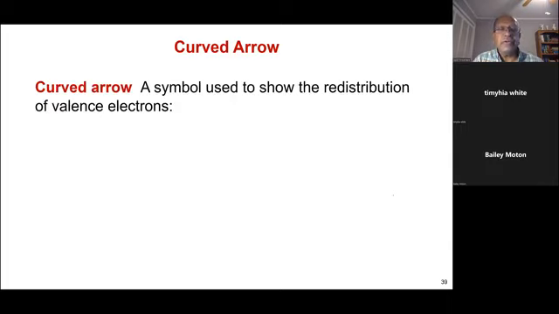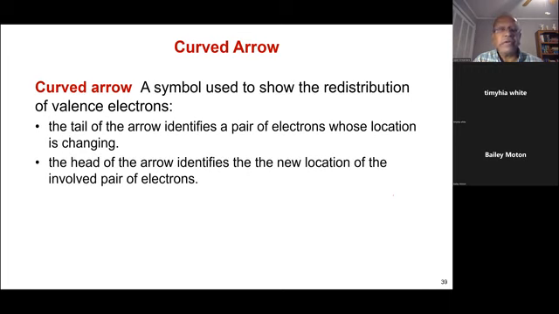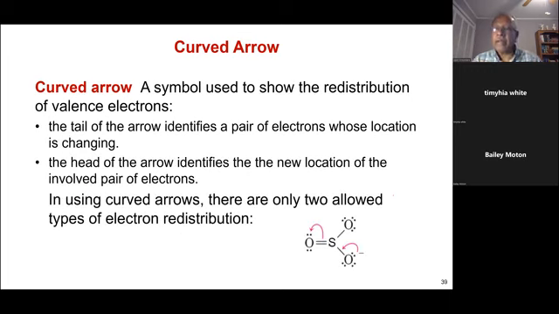The curved arrows are used to generate contributing structures, one from another. The tail of the arrow identifies the pair of electrons. Let's look at that.